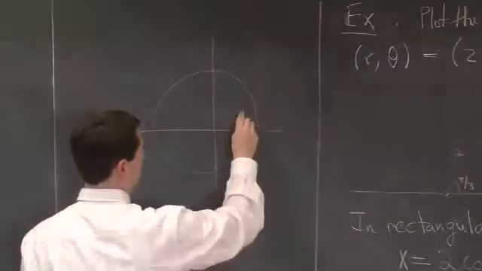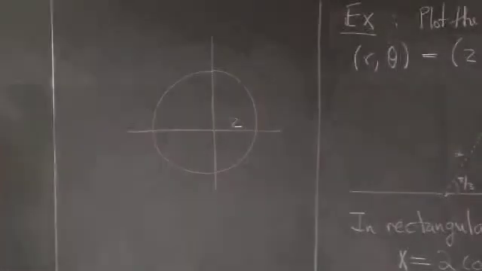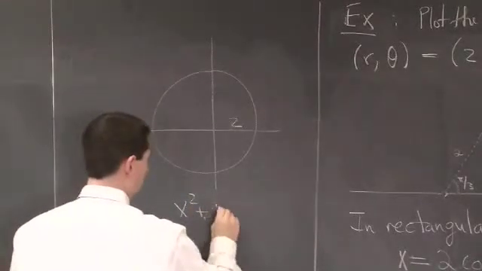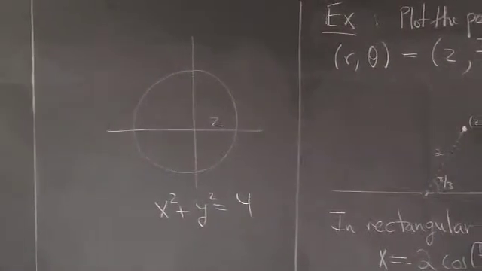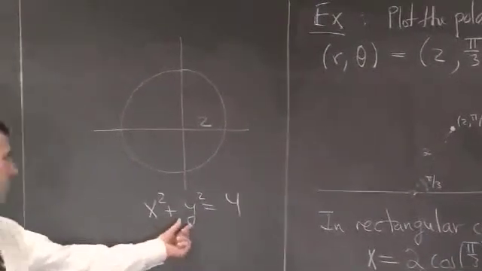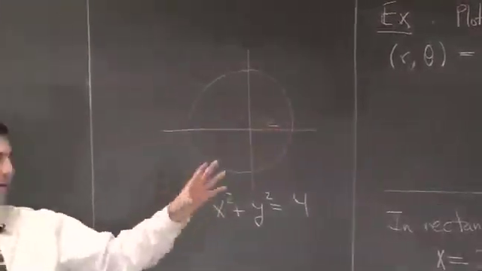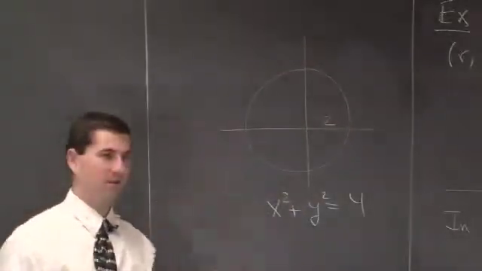Let me make it even easier, let's make it 2. This circle is radius 2. What's the equation of this circle? x squared plus y squared is equal to 4. And when you want to start manipulating these things, solving for y, then you get all this nastiness. y equals the square root of 4 minus x squared, plus or minus, really, to get both sides. It's not even a function. It's just some nasty equation.